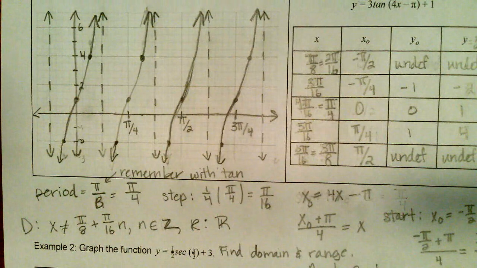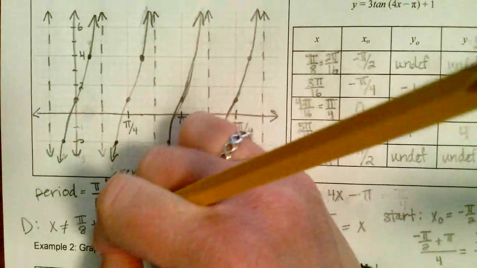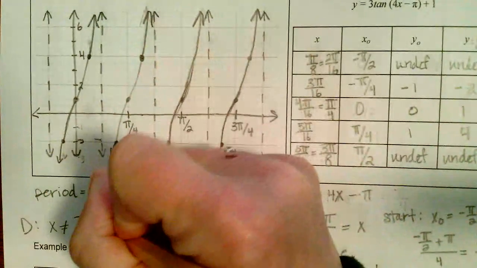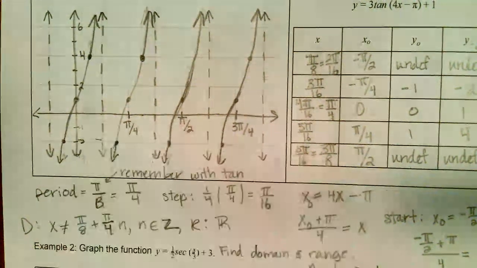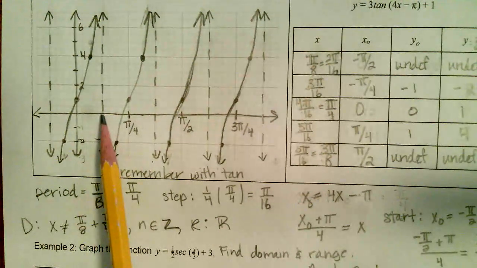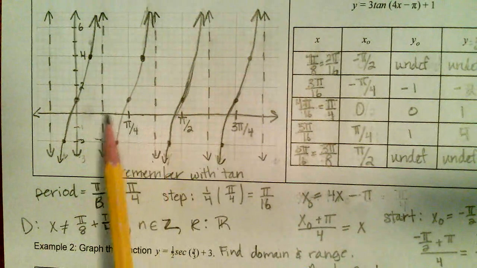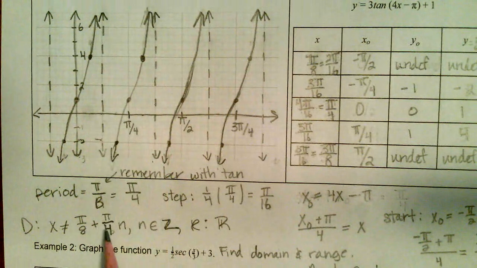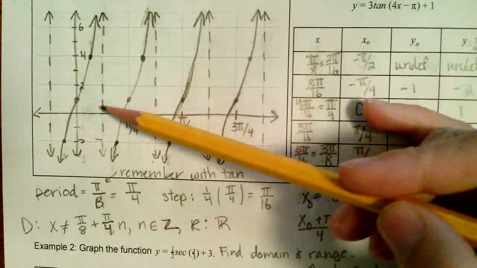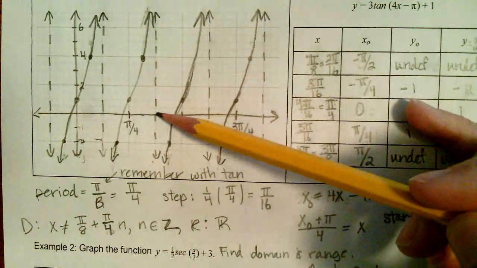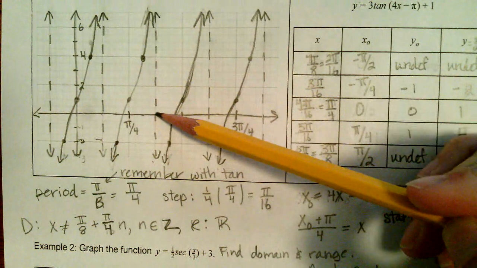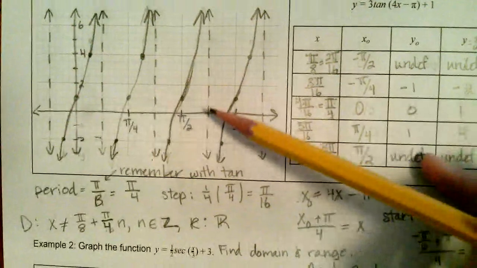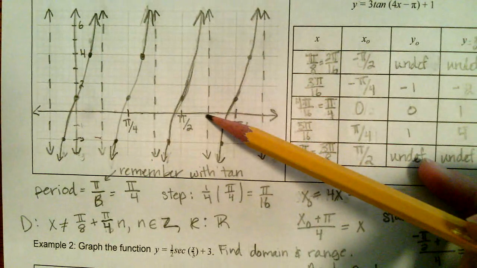And I apologize, on mine it's a mistake. This should be pi over 4, because I'm going 1 period until my next asymptote, and that is pi over 4 units. Okay, but look, it's happening after 1 pi over 4 cycle, but then it's happening over another pi over 4 cycle.